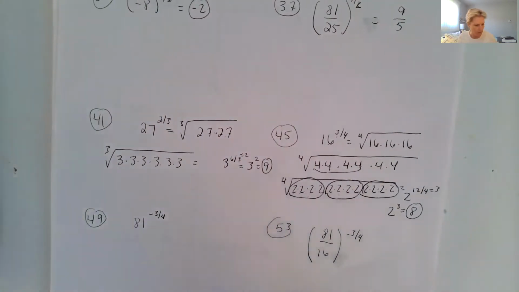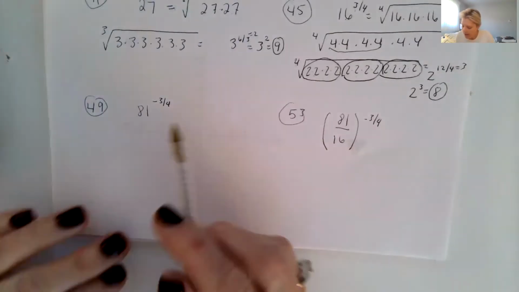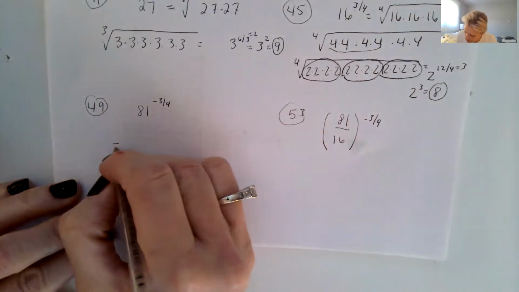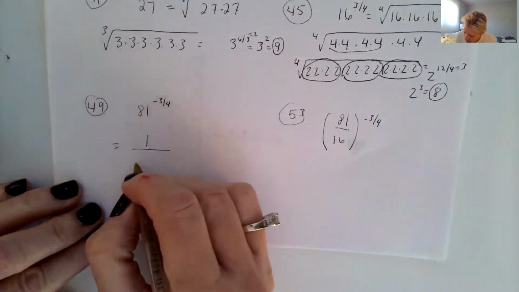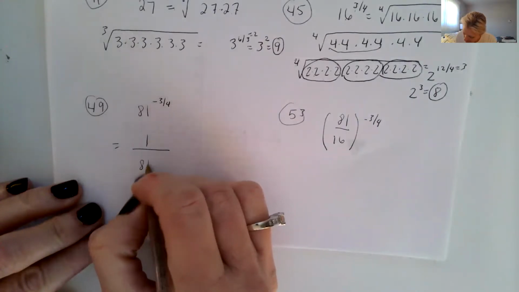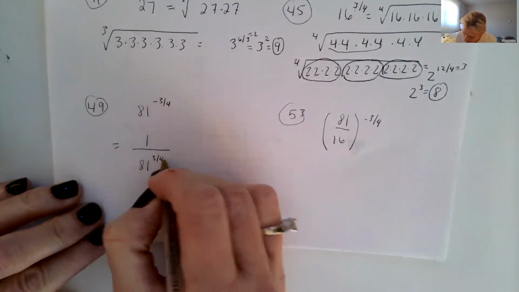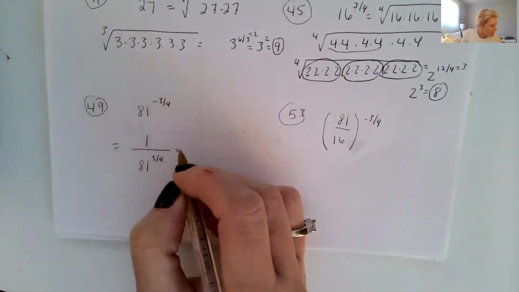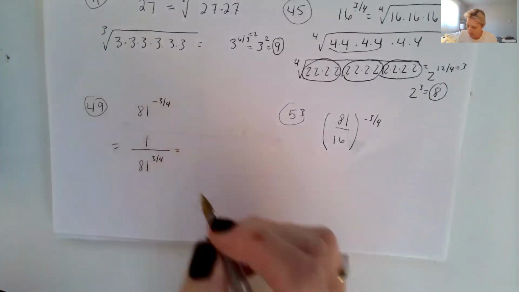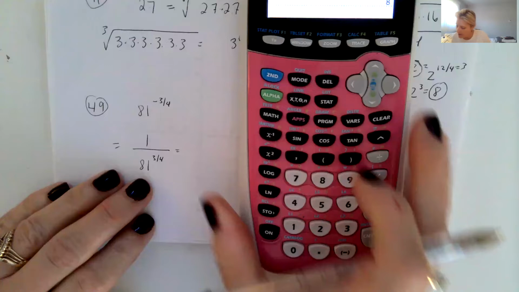49 and 53 are reminding us that we could have negative exponents. A negative exponent means that it's just going to be in the denominator. So it's just 1 over, and then this is 81 to the 3/4. So we can put that in our calculator if we want.